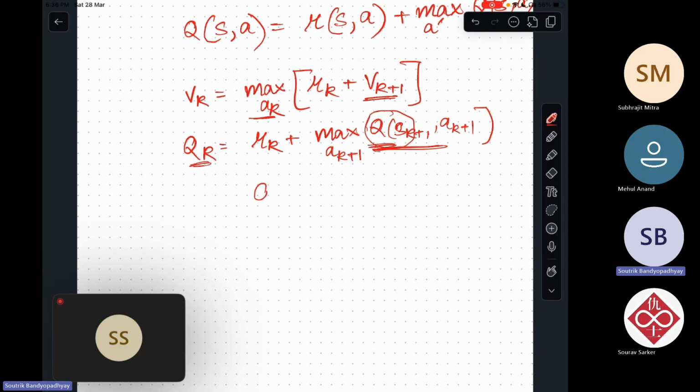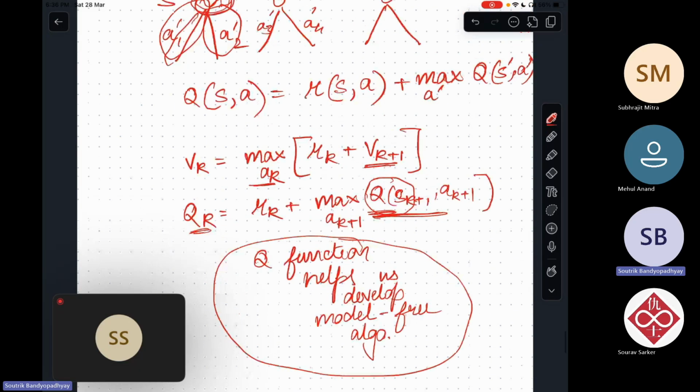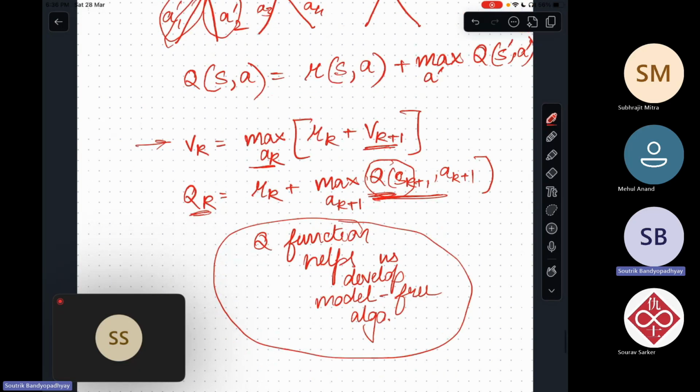But here, the dynamics is encoded into this Q function inherently. So the Q function helps us develop model-free algorithms, whereas in this V function, I had to have the knowledge of the model dynamics.